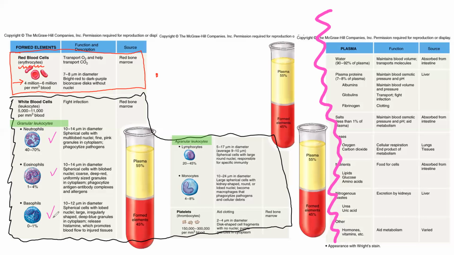And you can even see by the image there, they have little speckles, little grains, and those are granular leukocytes. On the other hand, you do have 2 types of agranular leukocytes, which are lymphocytes and monocytes here in the middle of the page. These ones do not have a speckly exterior or interior, so they are agranular. They are without grains or granules.